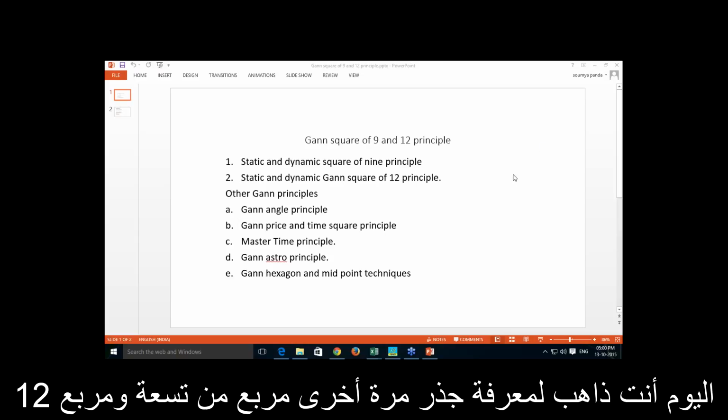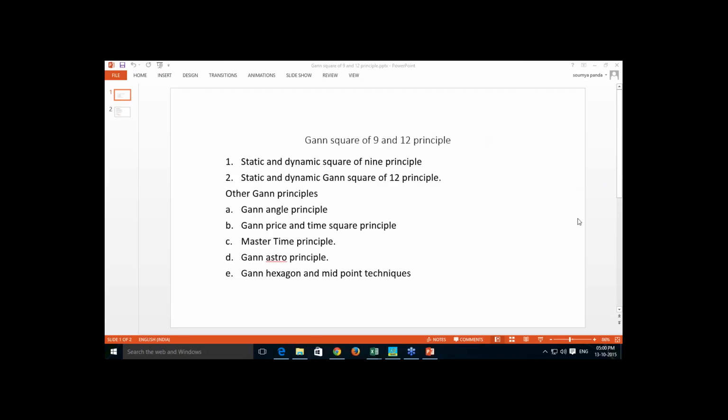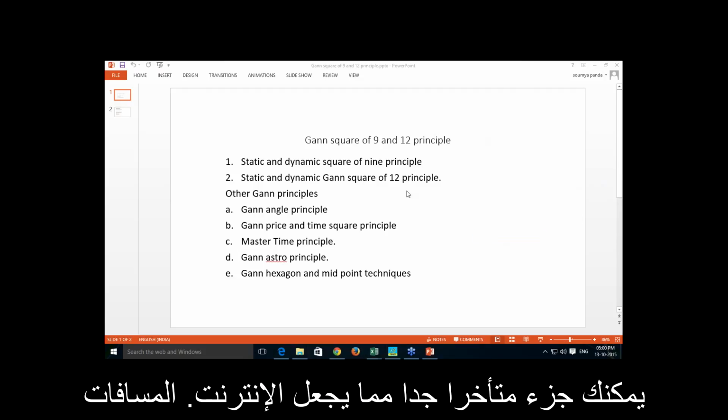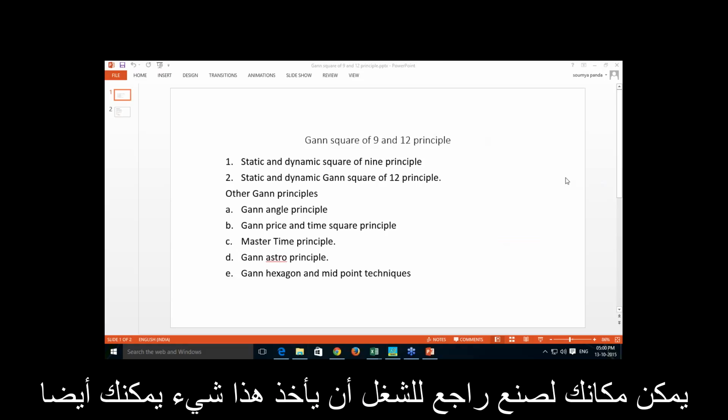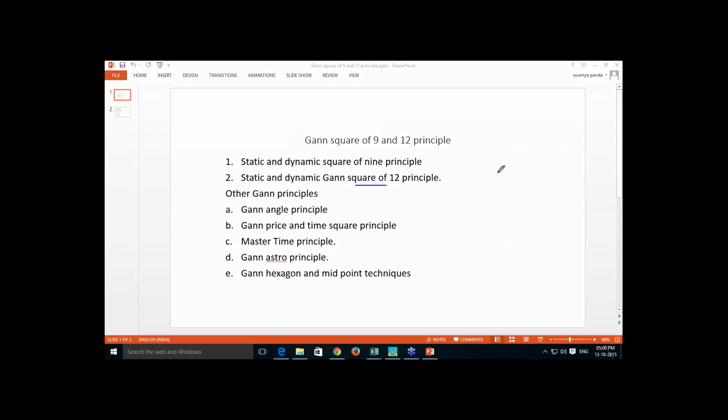Today you are going to learn Gann's square of 9 and square of 12 principle. This principle of Gann's square of 9 or square of 12 you can utilize for making intraday trade decisions, for making BTST trade decisions, and you can also utilize this principle for deriving any investment decisions.